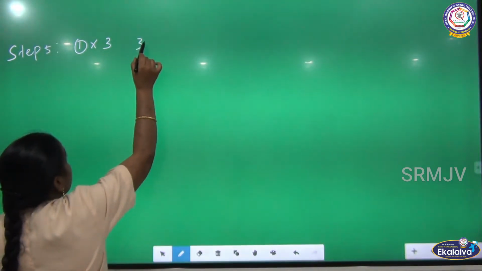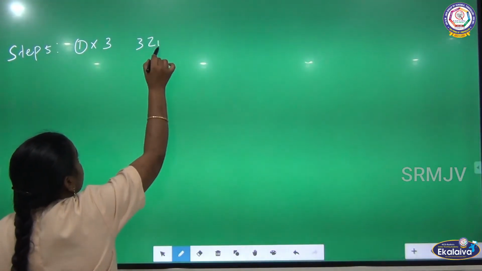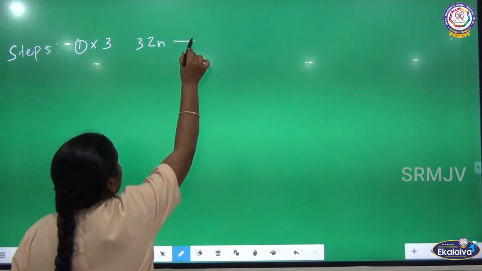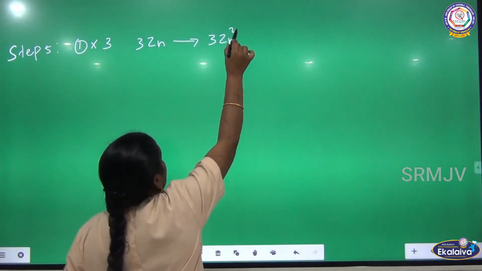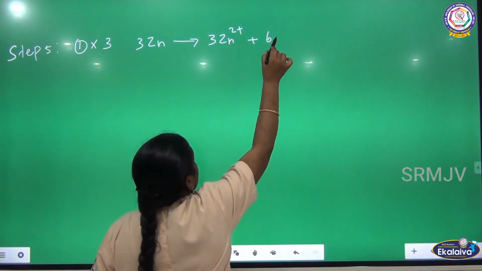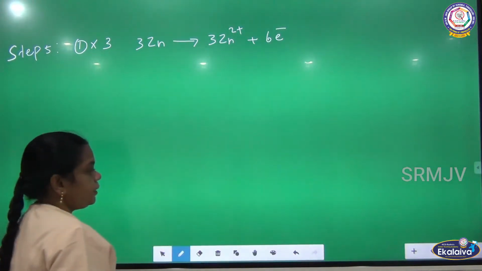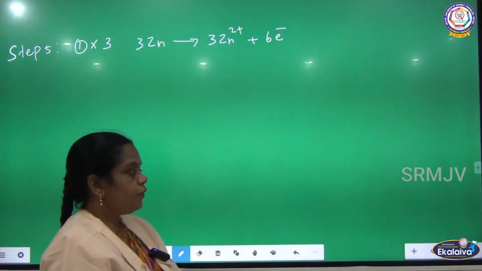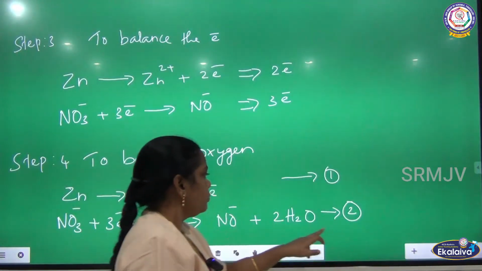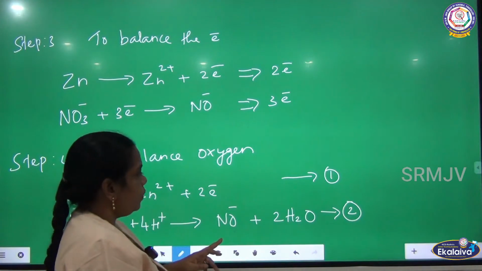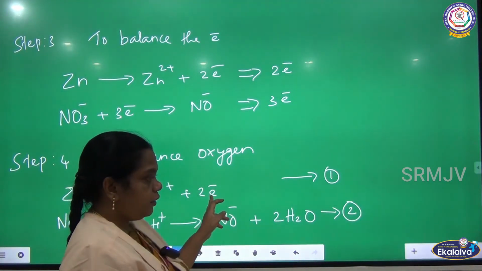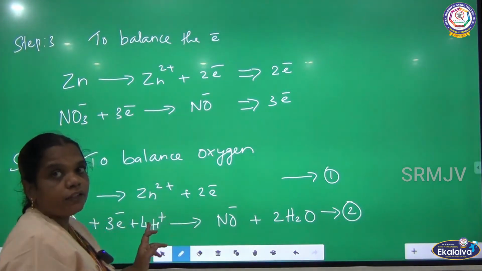So 3 zinc gives 3 zinc 2 plus and 6 electrons. And next the second equation, how many electrons? 3 electrons. So the first equation has 2 electrons and the second equation 3 electrons.